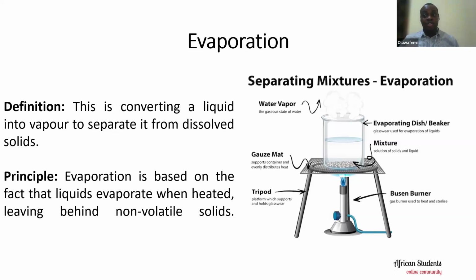Evaporation is one separation method that we can actually employ, and basically it operates on the principle that dissolved solids are non-volatile, but liquids on the other hand are volatile when they are heated.